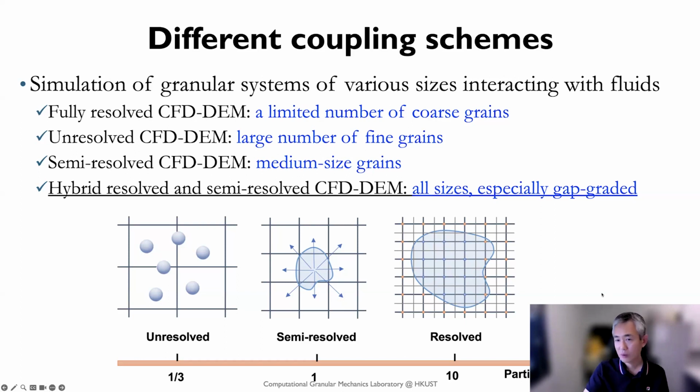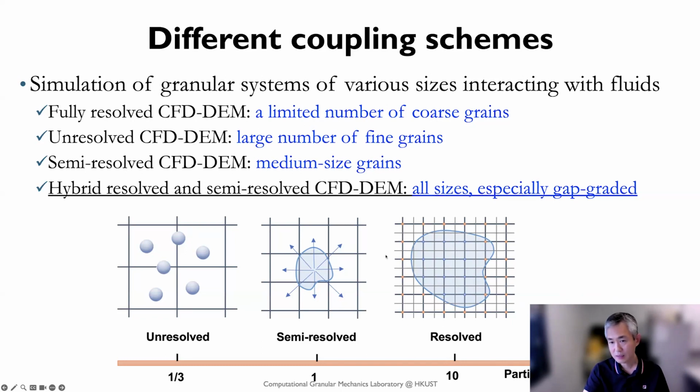And if we want to fully resolve the interaction of this big body with the surrounding particles and fluid, then we need to have a finer mesh here. So we have a much finer mesh compared to the particle size, and we need a fully resolved interaction. It's called fully resolved here.